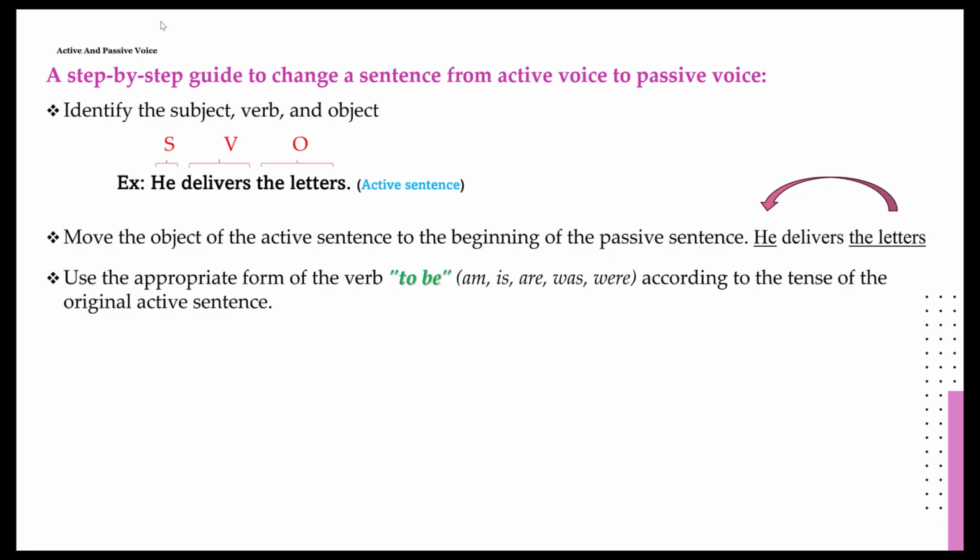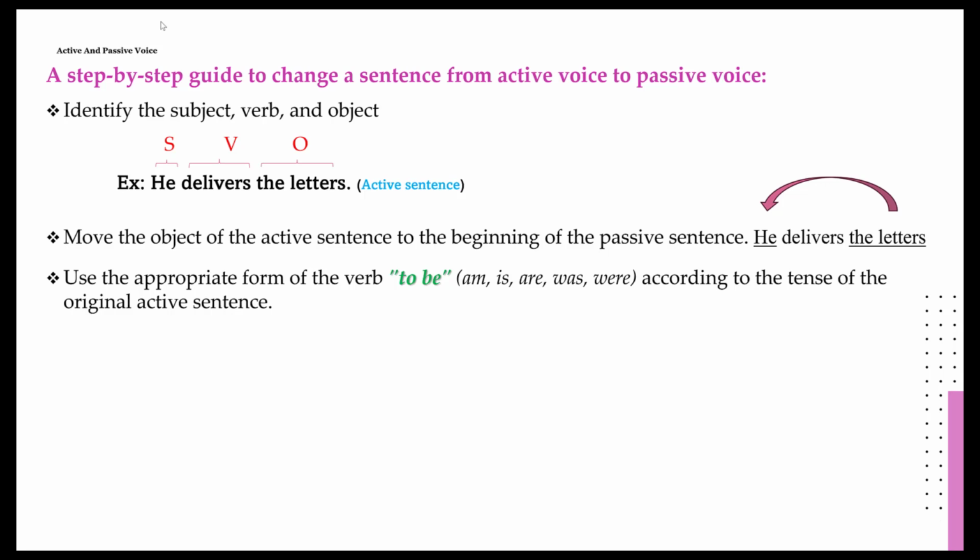Step 3. Check the verb tense in the active sentence and use the appropriate form of the to be verb according to the tense of the original active sentence. In this example, our original active sentence is in the present tense because the verb is delivers. So we use are as the form of to be verb depending on the new subject.